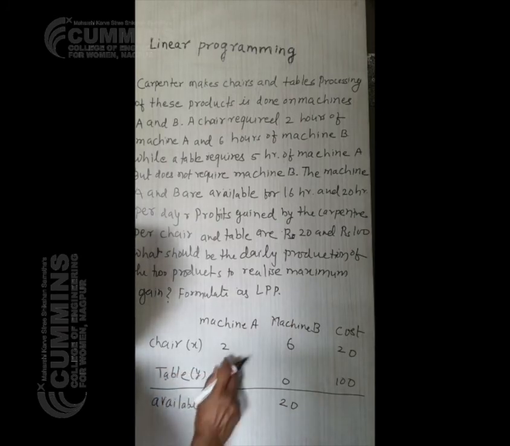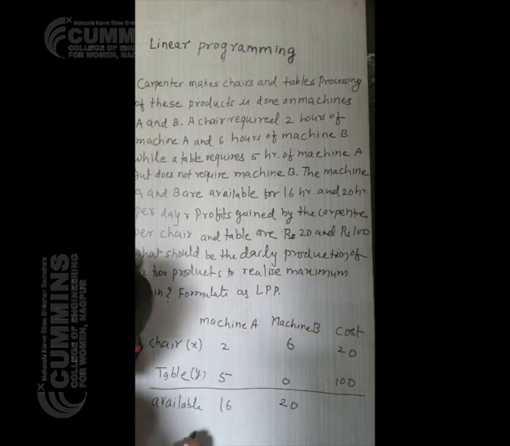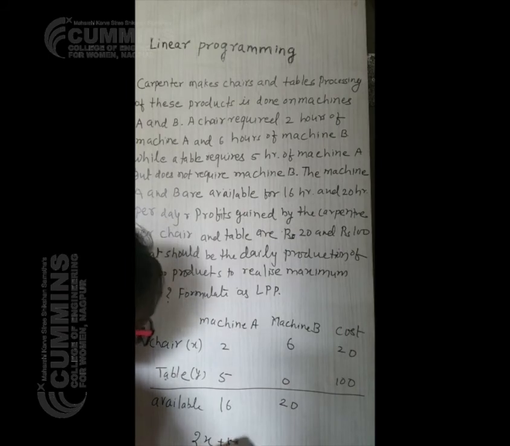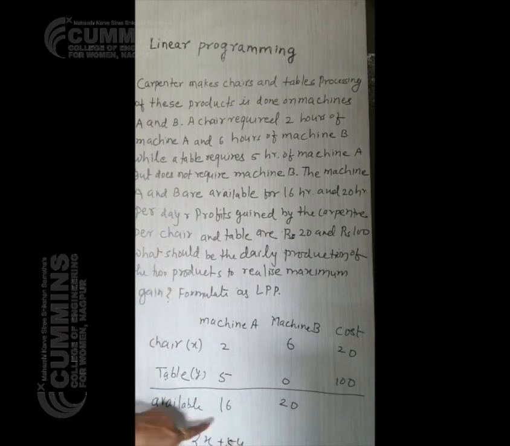So we can consider here 2x plus 5y, where the availability of hours is 16.